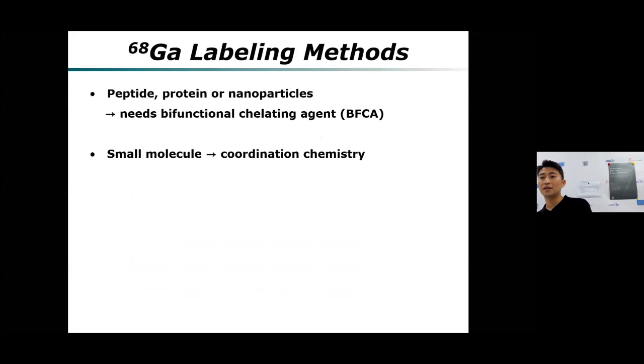We already gave some examples using peptides or other small molecules with this kind of chelating system. DOTA is used as a chelator, and lutetium can also be used under the same condition.